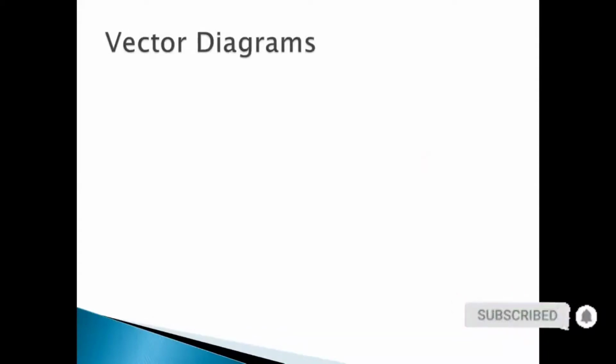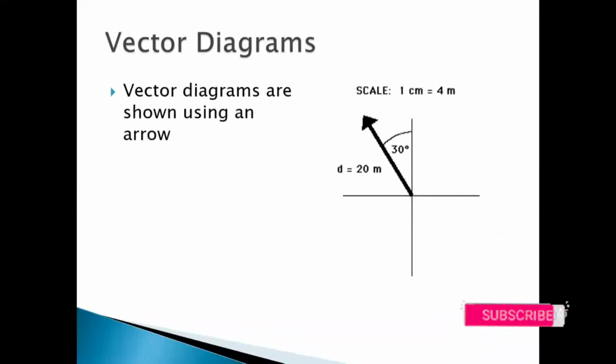Let us have these diagrams of vectors. A vector uses an arrow to show its magnitude and direction.